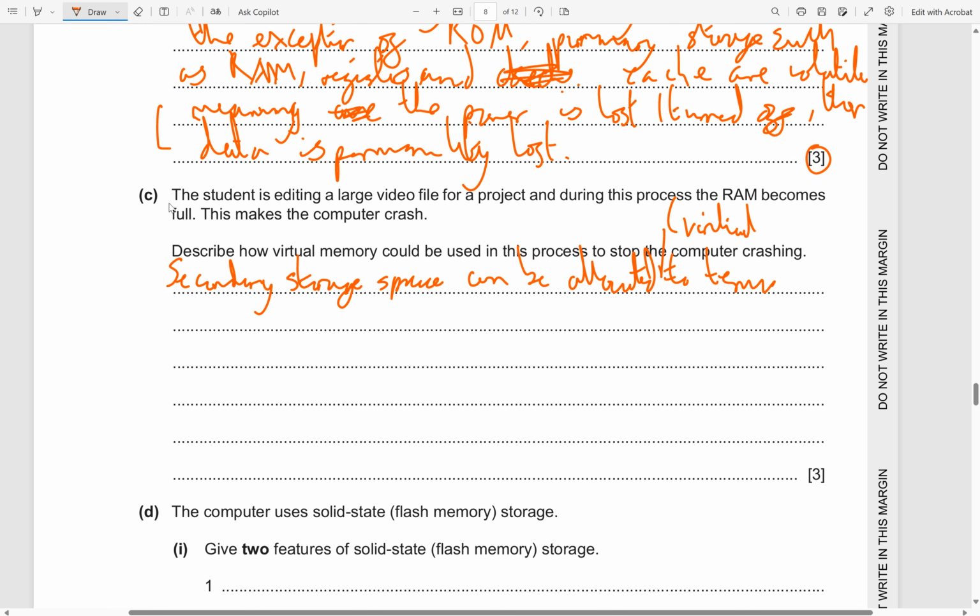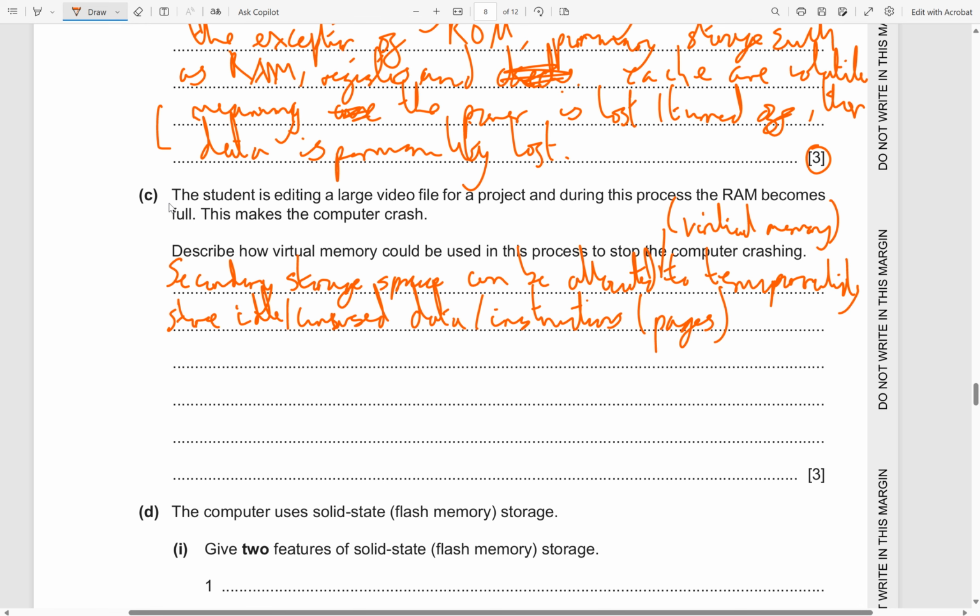That's really the definition of virtual memory: allocating secondary storage to temporarily hold data or instructions that was previously stored in RAM. It can be allocated to temporarily store idle or unused data or instructions. Or we could say pages, because it's going to be stored in a page, from RAM.